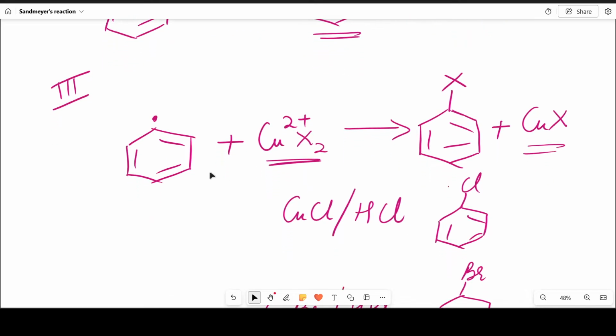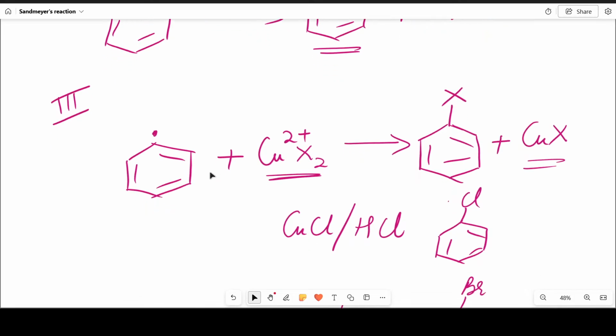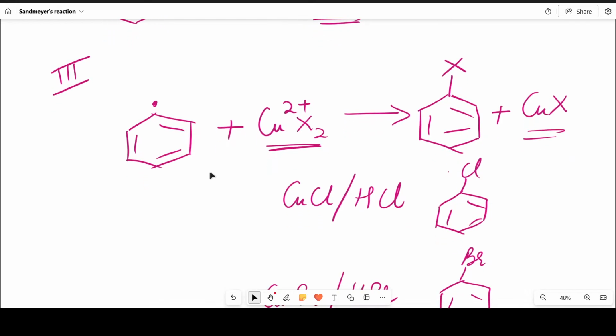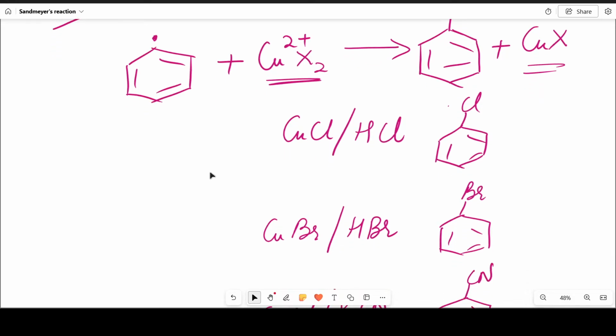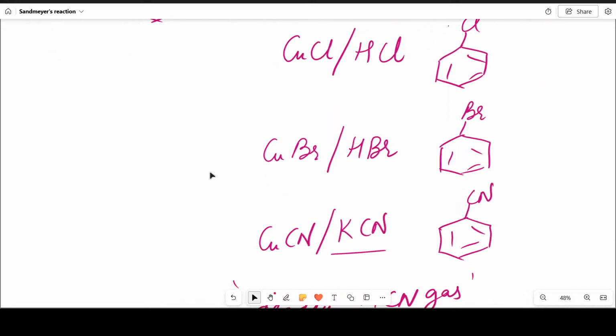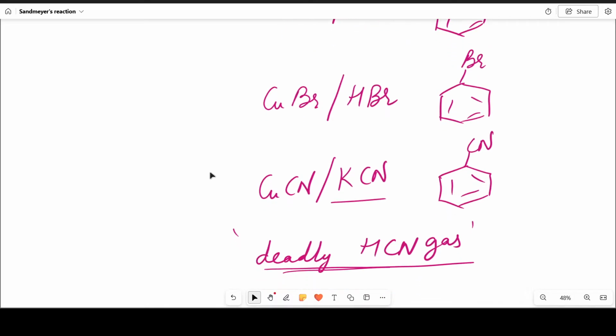Later, this aryl radical reacts with the copper 2 salt to give the desired product such as chlorobenzene, bromobenzene, or benzonitrile, depending on the reagents we used. So this is a very important reaction mechanism.